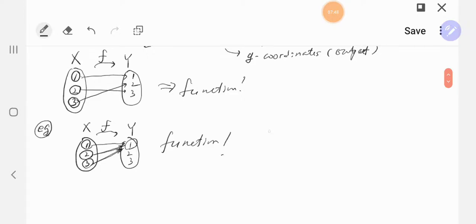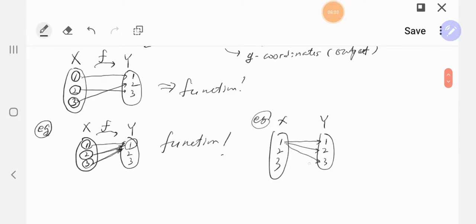How about another example? Here is x, here is y. 1, 2, 3 and 1, 2, 3. 1 goes here, and 1 goes here, and 1 goes here. Is this a function? This is not a function. Why?